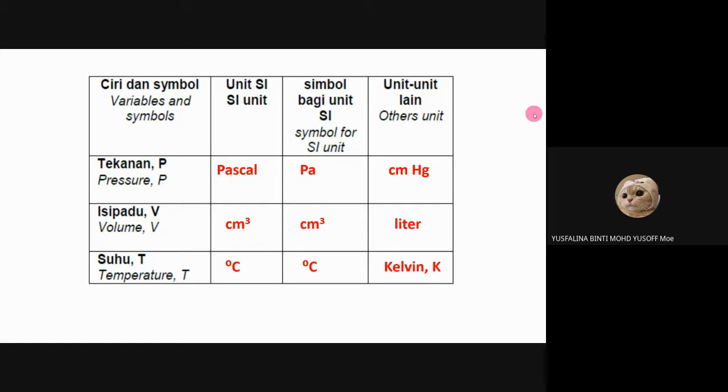How? Just add 273. If you use degree Celsius, your answer is wrong. Change to Kelvin first, then put it in the formula, like in Charles' law and Pressure law.